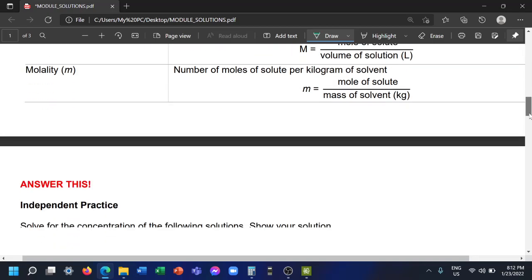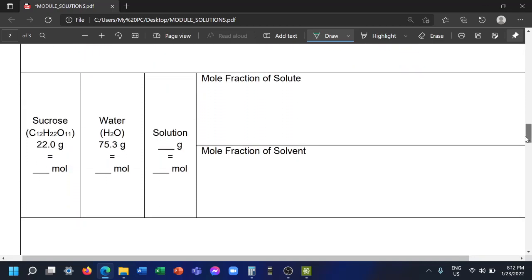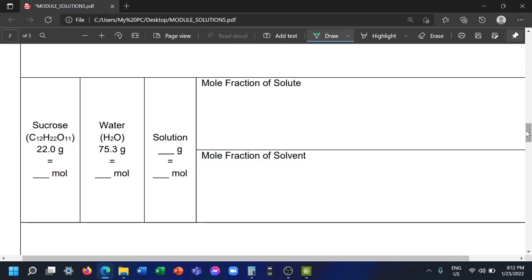So let's answer some problems related to this. First, we have a solution made up of sucrose dissolved in water. Let's first solve for the mole fraction of solute in this solution. Again, the mole fraction of solute is equal to the number of moles of the solute over the number of moles of the total solution.